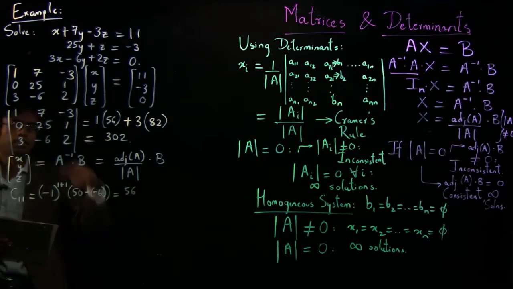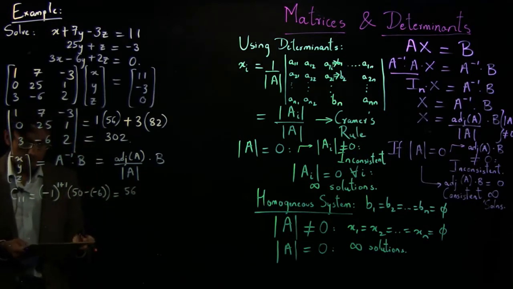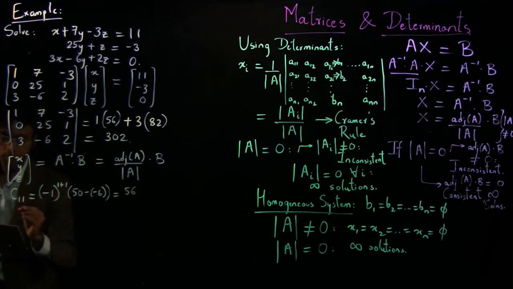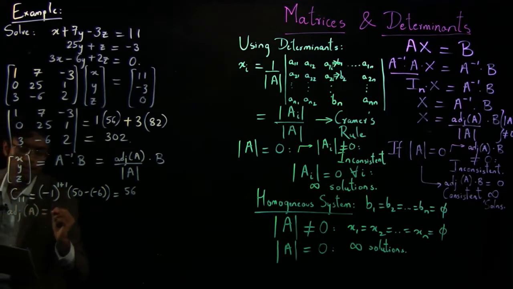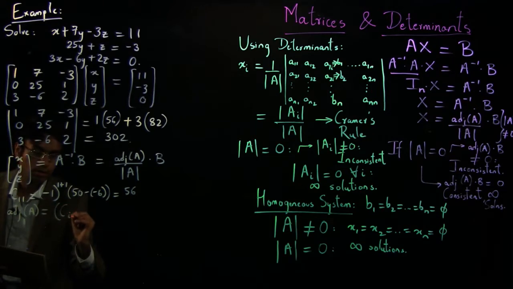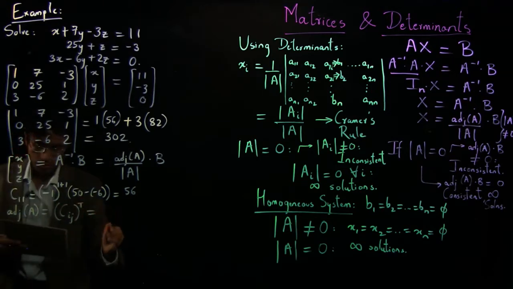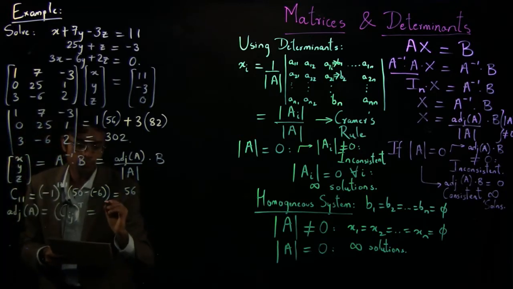And so on. I'll leave it as an exercise for the reader to calculate each cofactor, and what you can show is adjoint of A is basically the transpose of all the cofactors of the elements of A. Works out to be this.